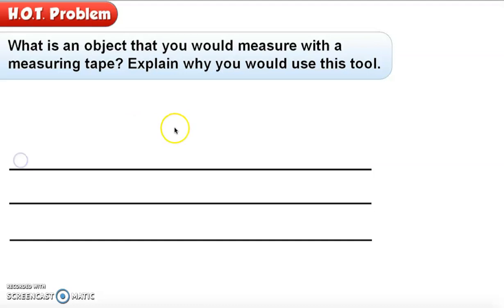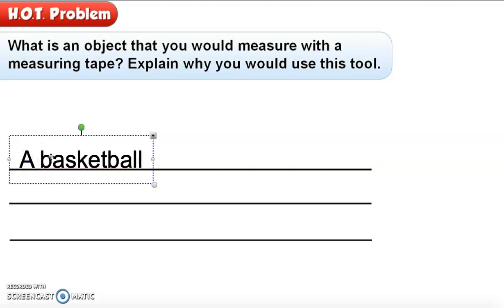So one thing that we can say that we've talked about, right, is a basketball. A basketball is definitely an object that we can use a measuring tape for, right?